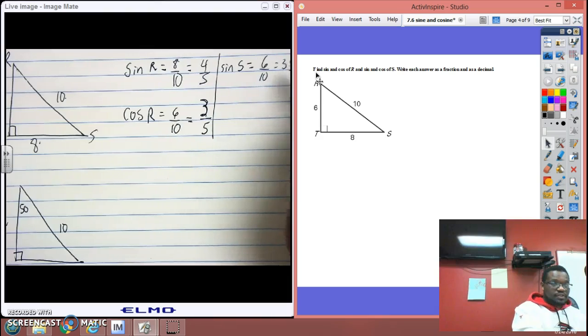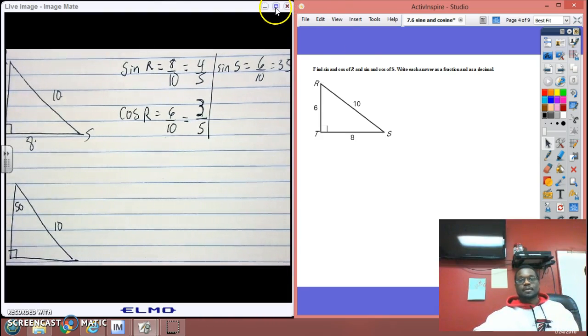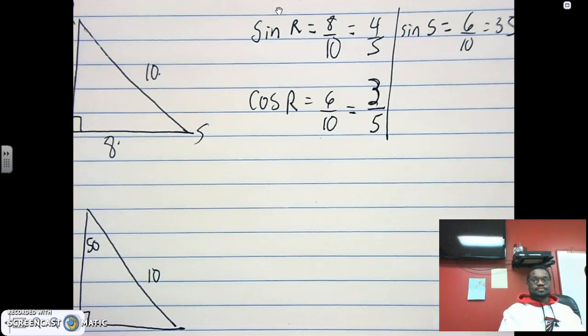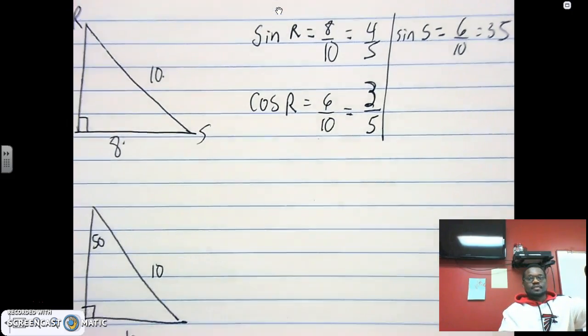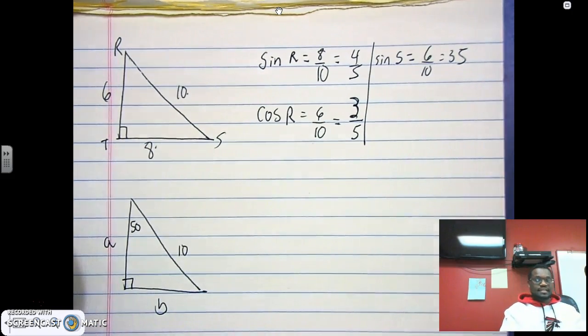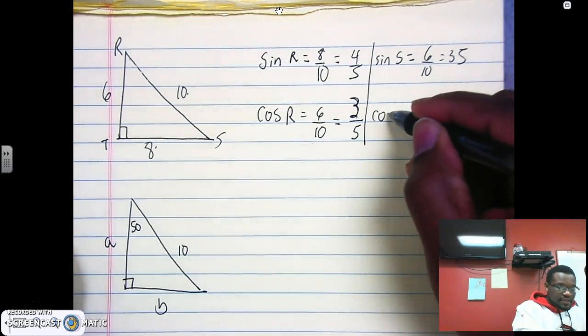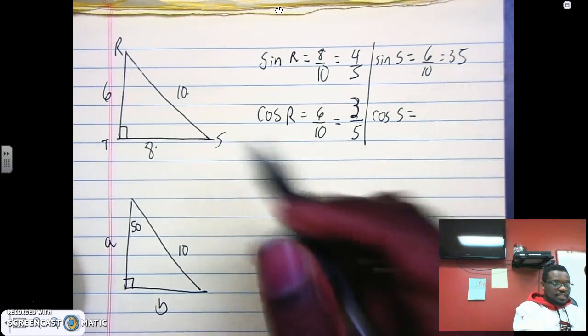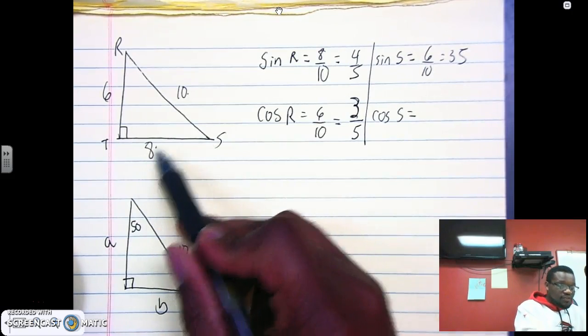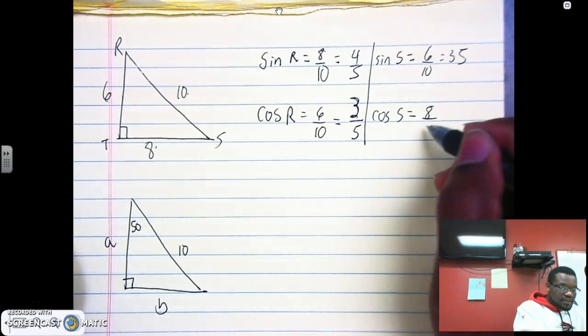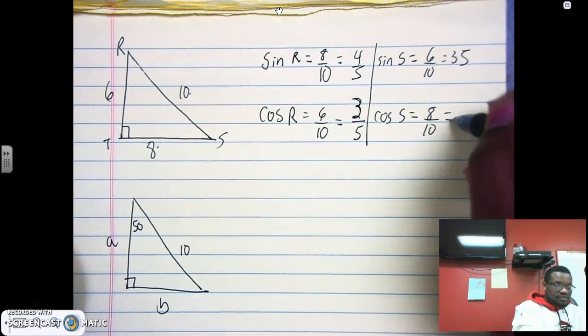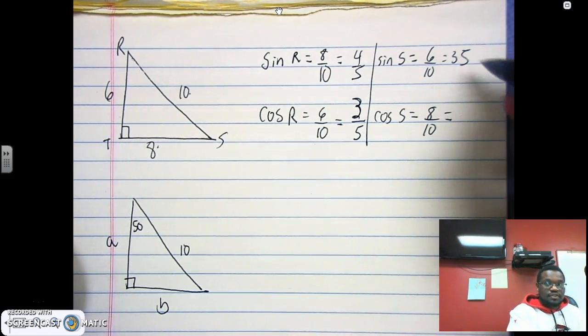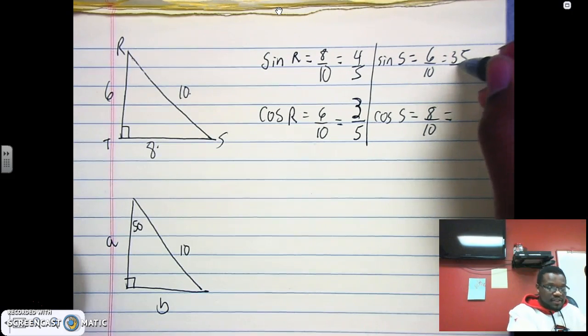Let's make that a little bit bigger. And the cosine of S equals, again, here's S, adjacent over hypotenuse. I said 3/5 up here. Come on now, why y'all didn't say that? That should be 3/5.